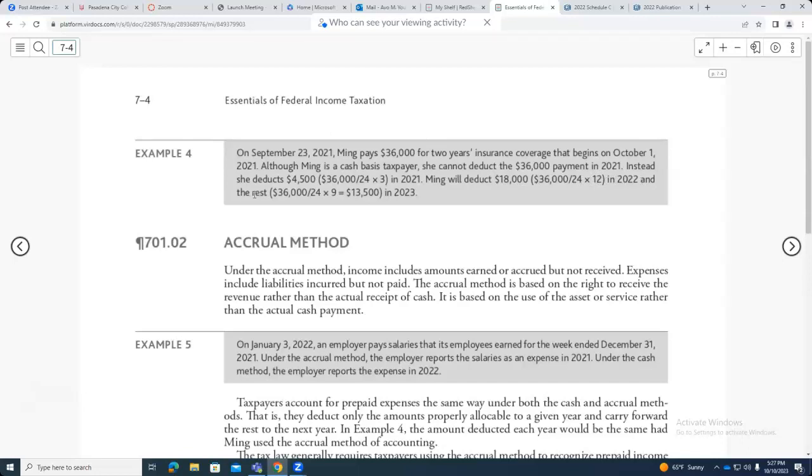And the rest, whatever is remaining, you cannot push more than that. It has to be recognized in 2023. Make sense? Even if this is 5 years of insurance, still you cannot push it more than 2 years.